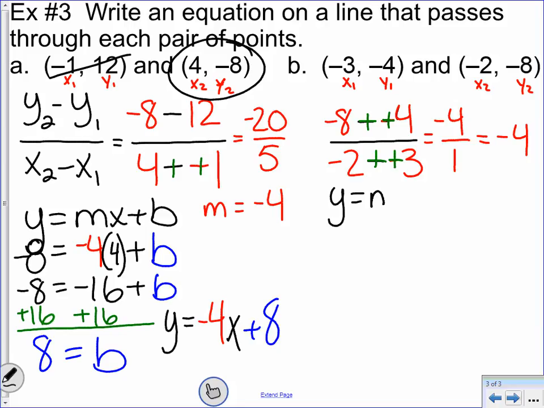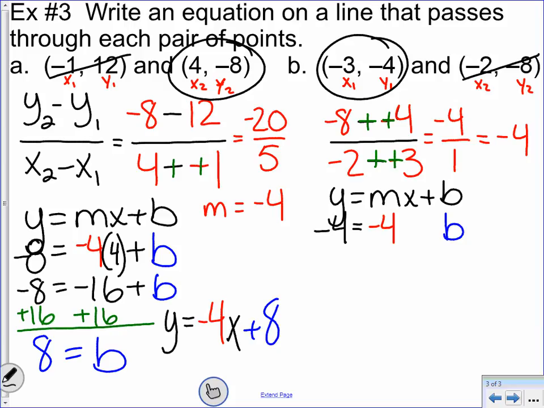Time to use mx plus b. Negative 4 goes in for m. Remember, I'm solving for b. And decide which points you want to use. Negative 3 and negative 4 are smaller than negative 2 and negative 8, but again, there's no preference. It does not matter which point you pick, you will get the same answer.